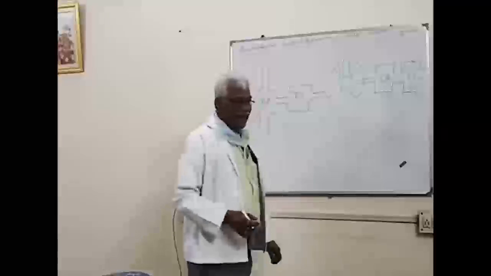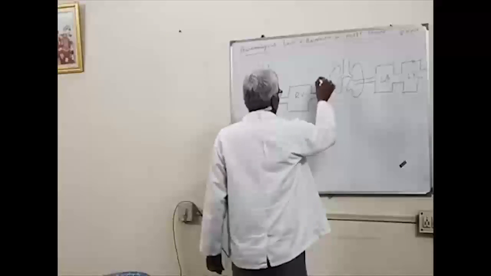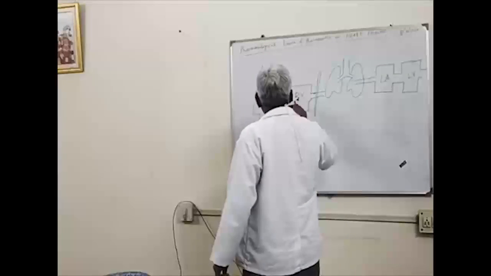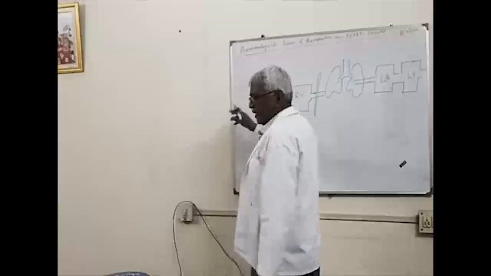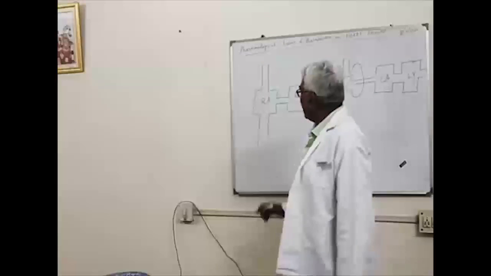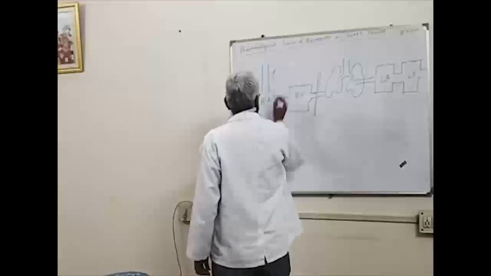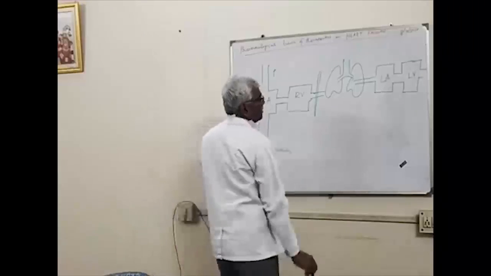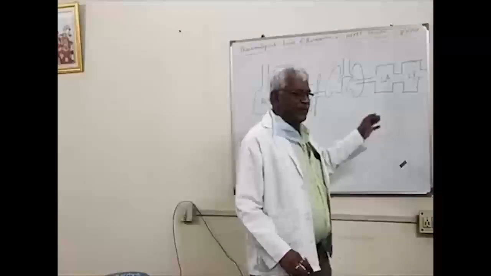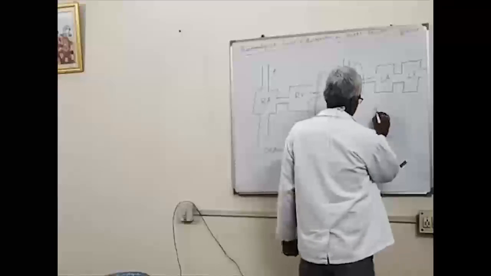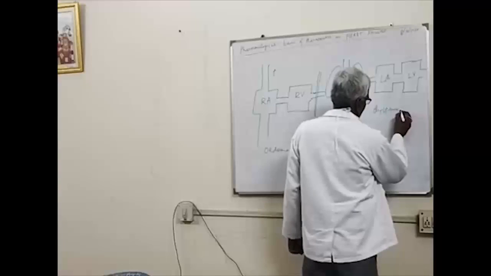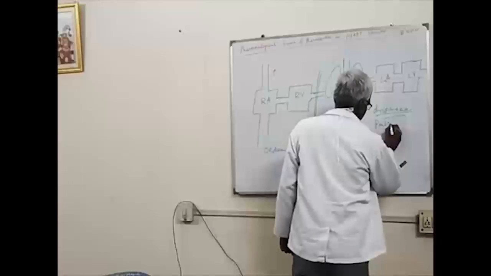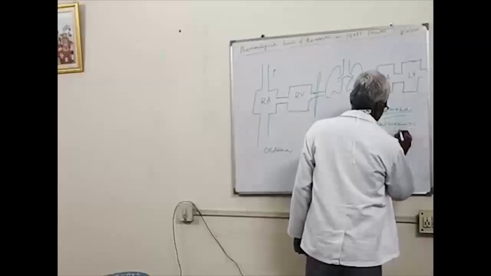So in right-sided failure, what happens? There's a stagnation, a congestion behind the right ventricle, and it is manifested by a rise in the JVP and peripheral edema. Whereas left-sided heart failure is manifested as dyspnea and pulmonary congestion.